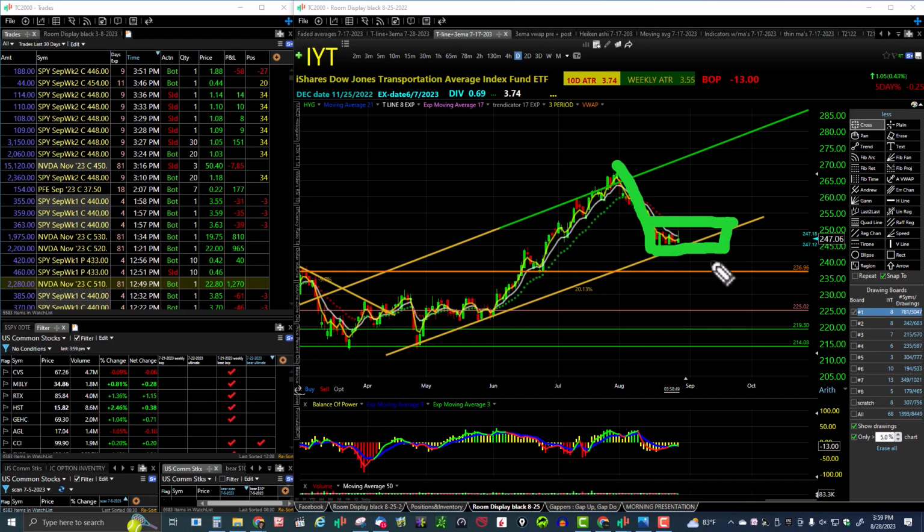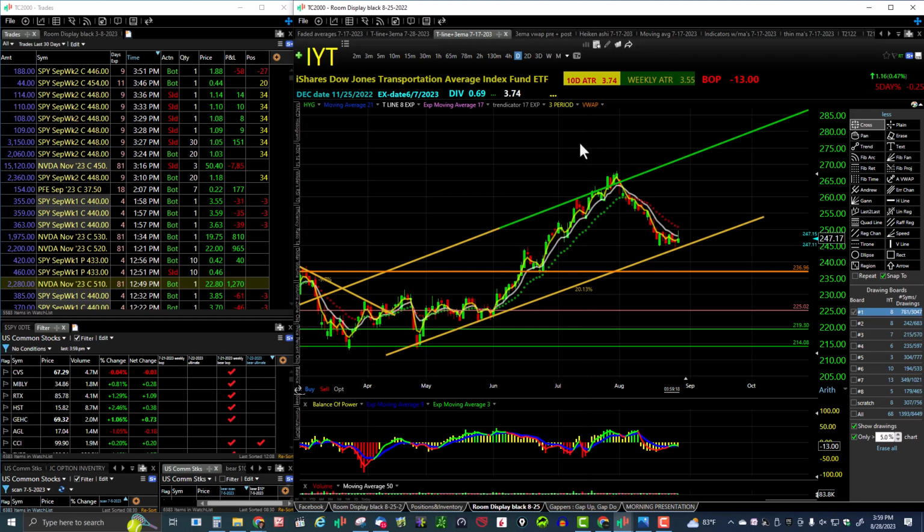We could get further downside down to a level right through here. We'll see what happens. They first have to break through this major support area right here. All right, so there's IYT. That's the transports in a bear flag pattern on the daily chart.